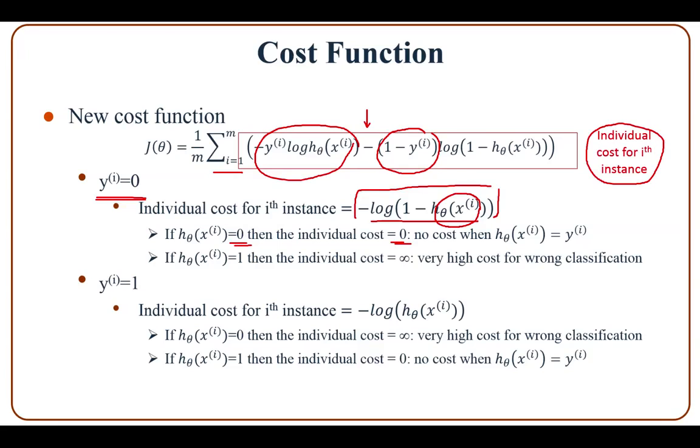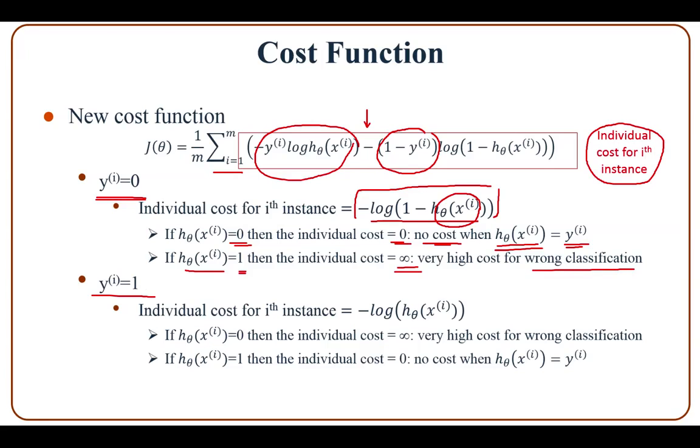So it captures the intuition that there is no cost when h of x at xi is equal to the actual value of the dependent variable. And if h of x at xi is equal to 1, then the individual cost is infinity. So it means that the cost is extremely high for wrong classification.